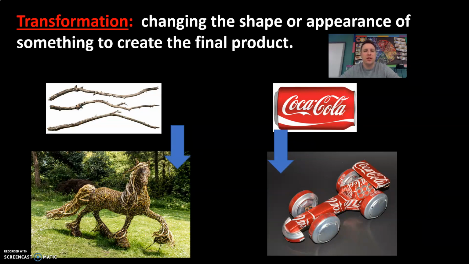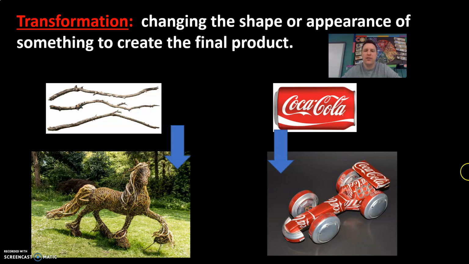Transformation is basically the process of changing the shape or appearance of something to create the final product. So you first find the found object and then you transform it into something else. Down here you have two artworks. On the left you can see this horse trotting in a field, made of nothing but basically twigs and materials from trees.